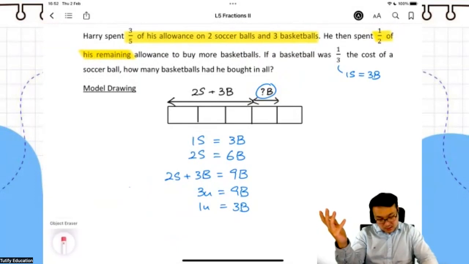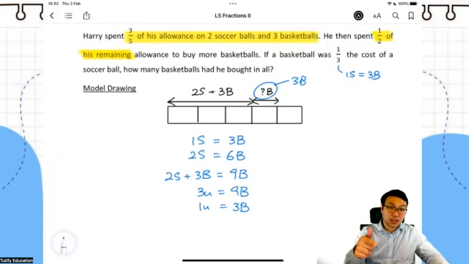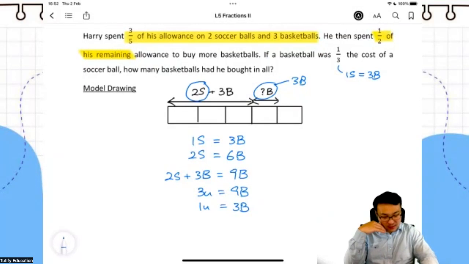Okay, students, you already know that this is 3 basketballs. So everybody, can you type your answer in the chat? How many basketballs did he buy altogether? Come type your answer in the chat. It's not 12. Students, be careful. You see, these 2 are soccer balls.